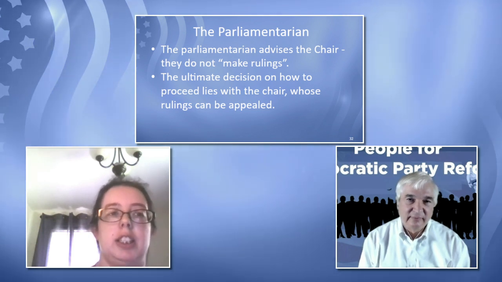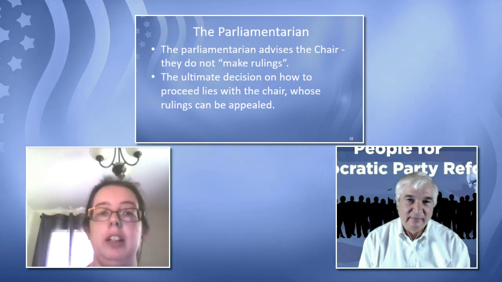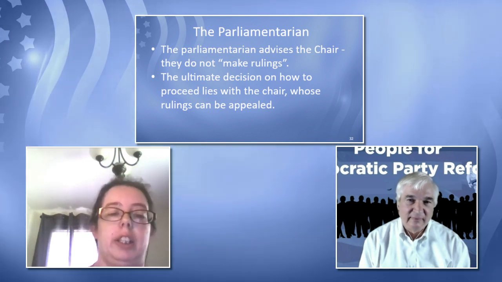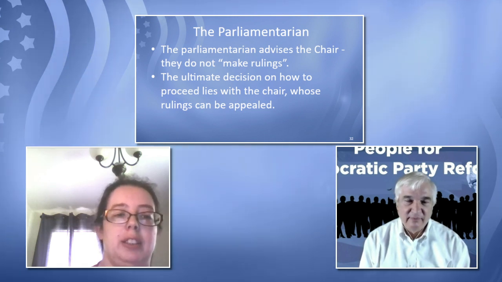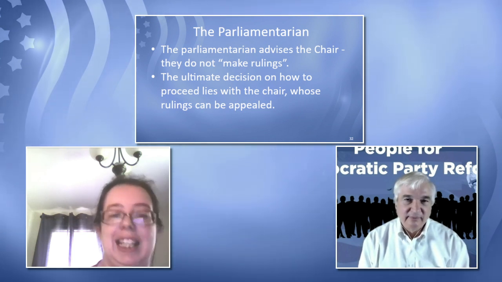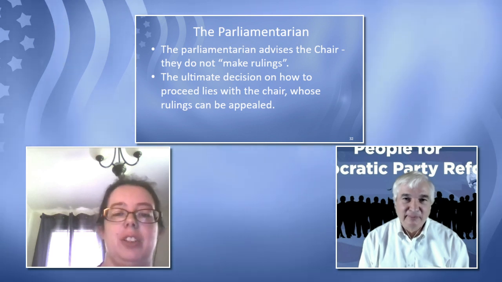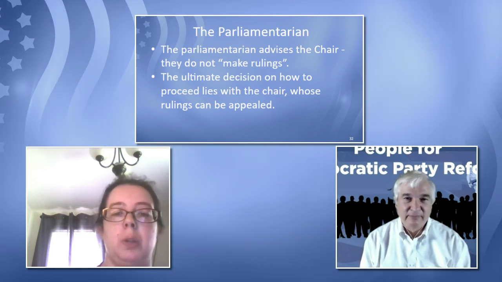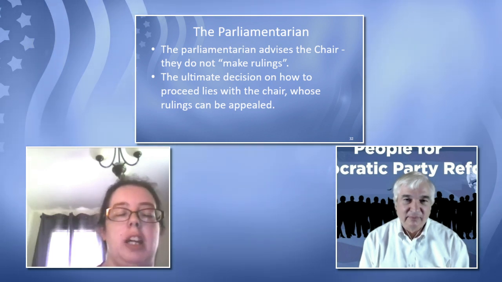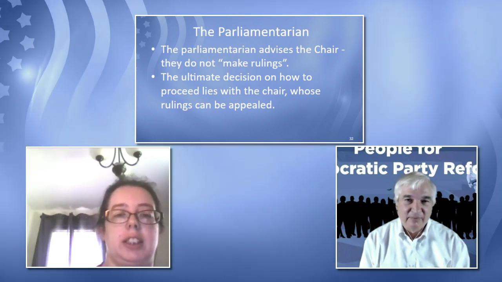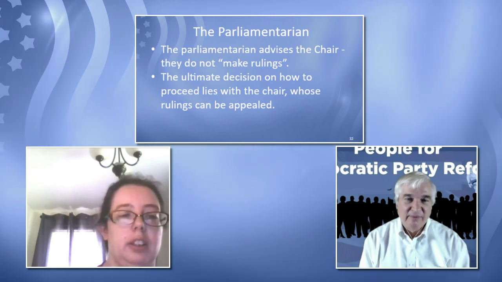But ultimately, if the assembly doesn't want to do it that way, they don't have to. So if it's working for you as members, then do that, quite honestly. You just don't want parliamentarians to be the power behind the throne and running things, because that's not what our role is.